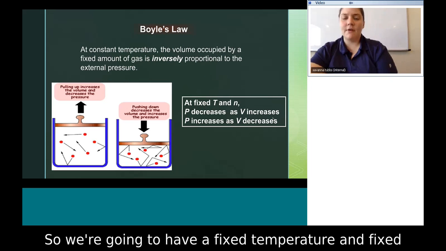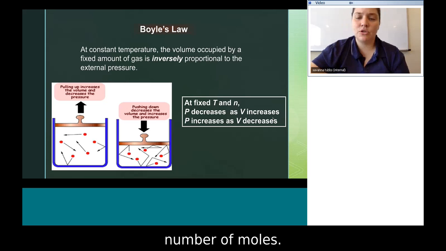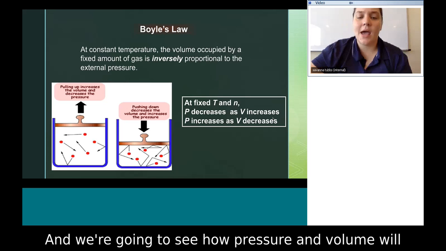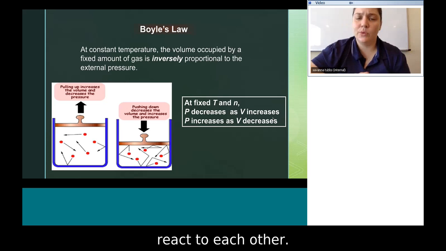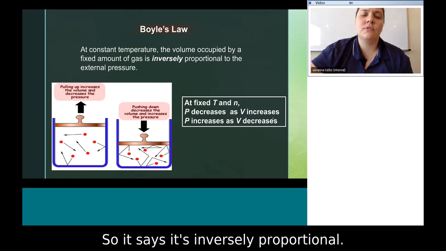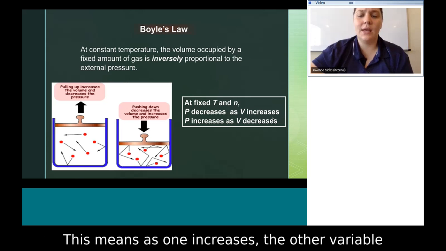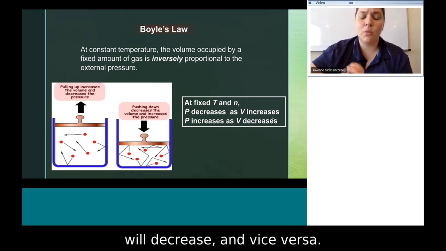So we're going to have a fixed temperature and fixed number of moles, and we're going to see how pressure and volume will react to each other. So it says it's inversely proportional. This means as one increases, the other variable will decrease, and vice versa.